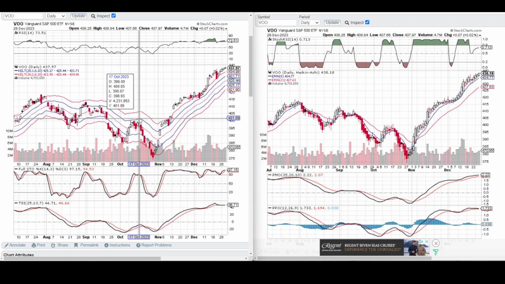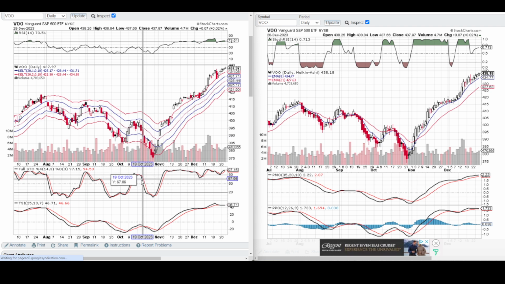So it was hitting some resistance right there, and then it came down the next day with the red candlestick. And then you can clearly see on the 18th, there was a crossover on the full stochastic where the black went below the red curve. And a little bit of a delayed signal here on the TSI.